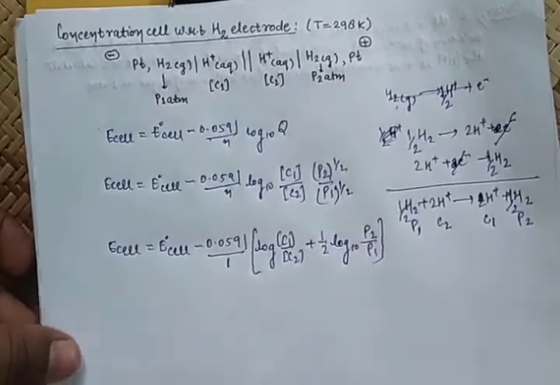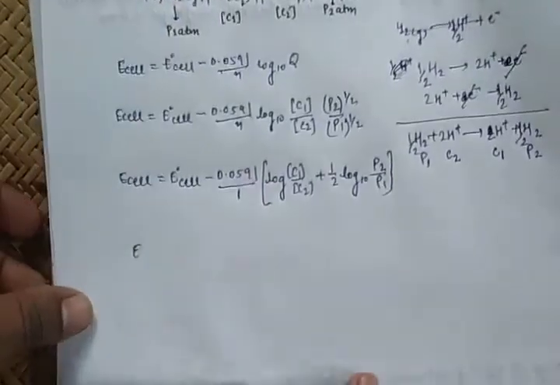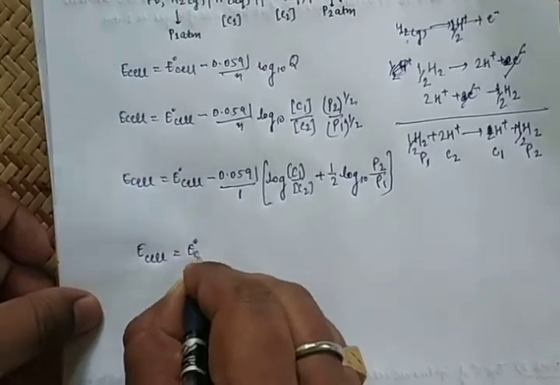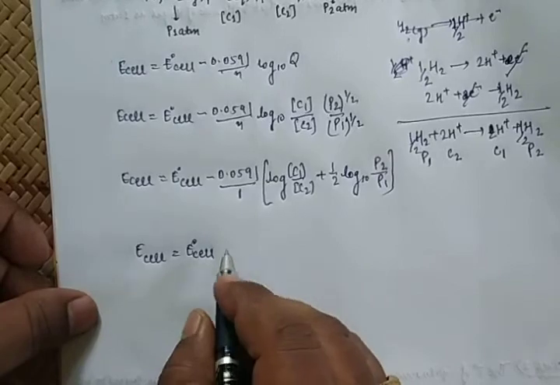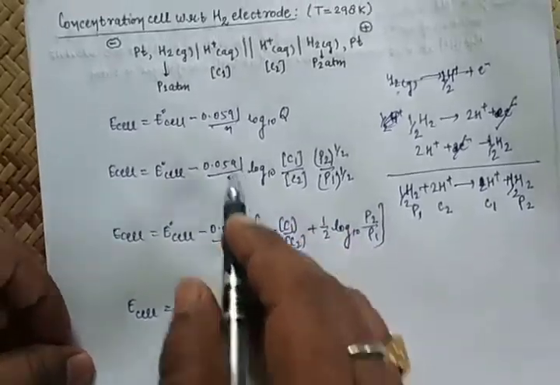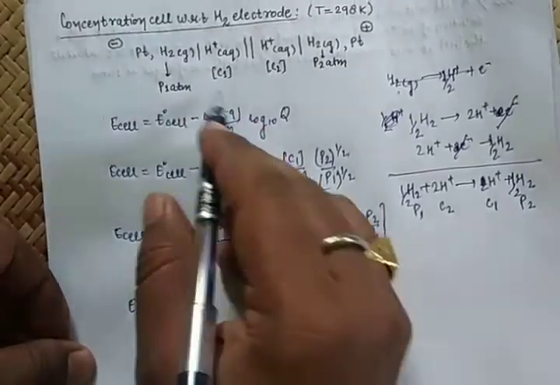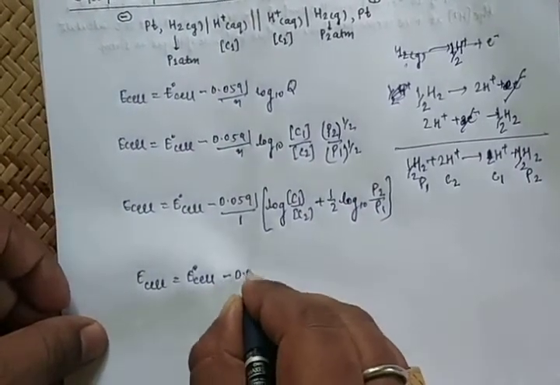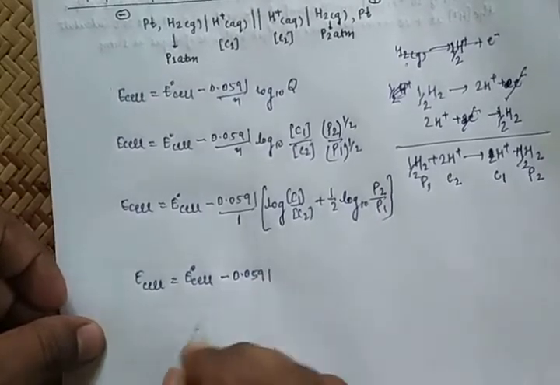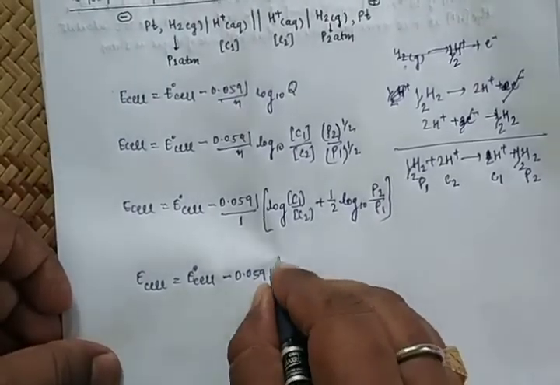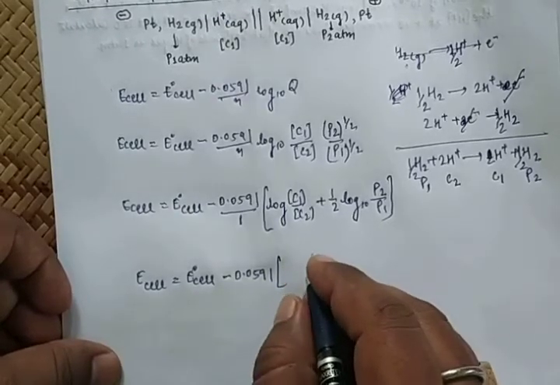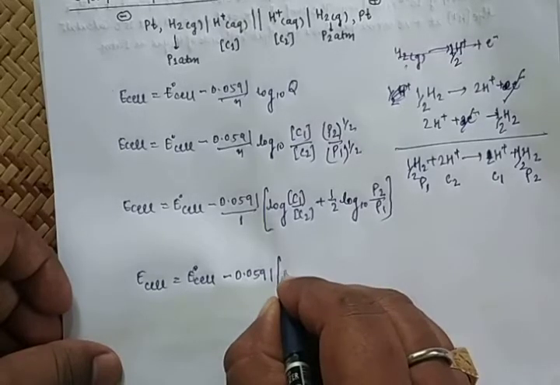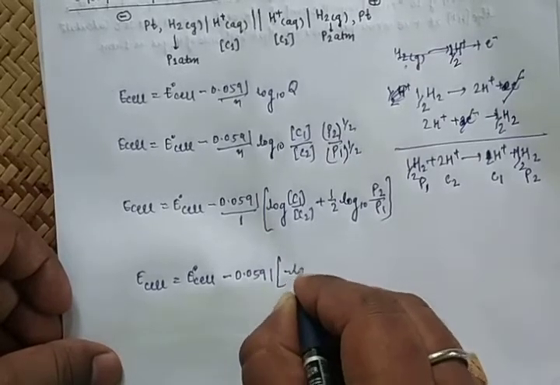Now again you convert E cell is equal to E naught cell. Listen, both electrodes are the same hydrogen, so the E naught cell value is always 0. So just convert to 0.0591, and multiply by the minus sign.